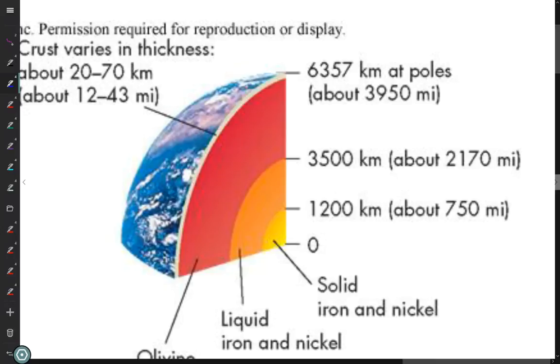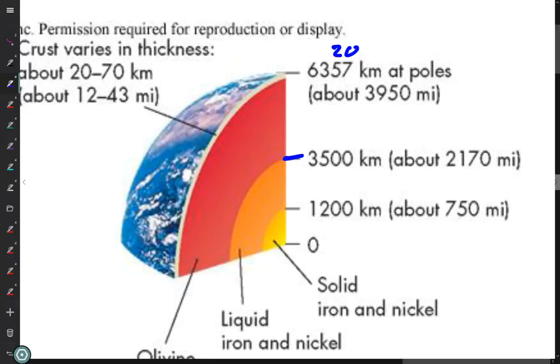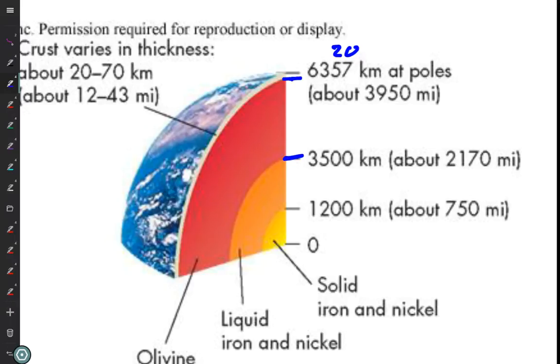And given that the thickness of the crust is somewhere around 20 kilometers, 20 compared to 6,357 is very small. So that crust, compared to the size of the Earth, is negligible in thickness. And then we have the mantle that covers around 3,000 kilometers. Almost half of the Earth's radius is in the mantle.